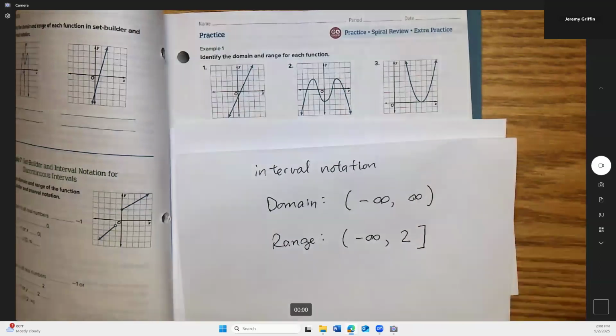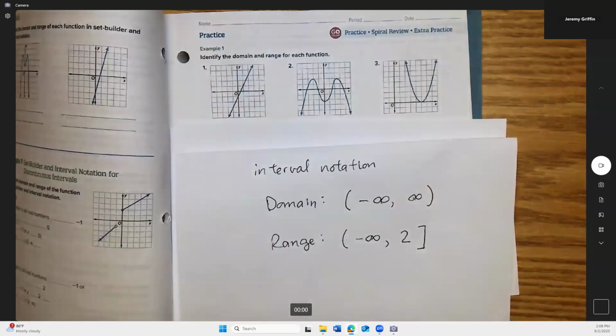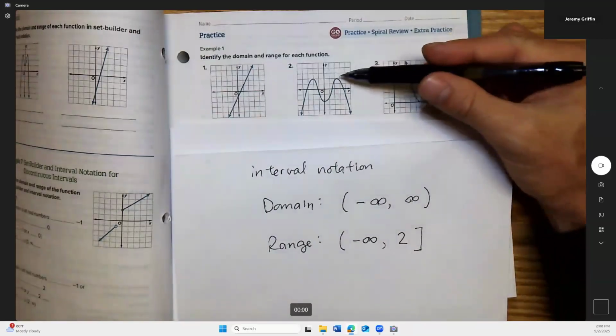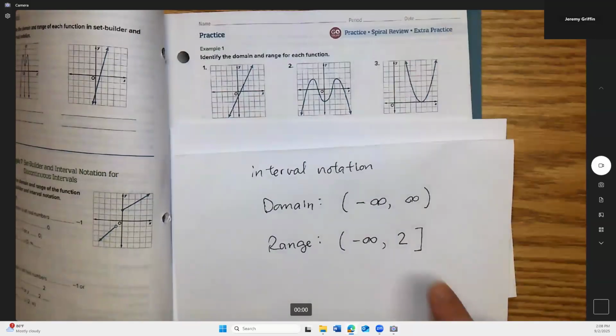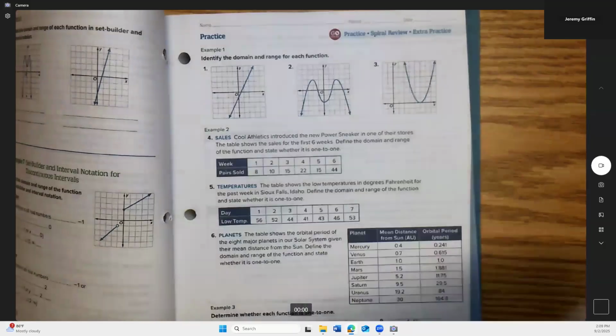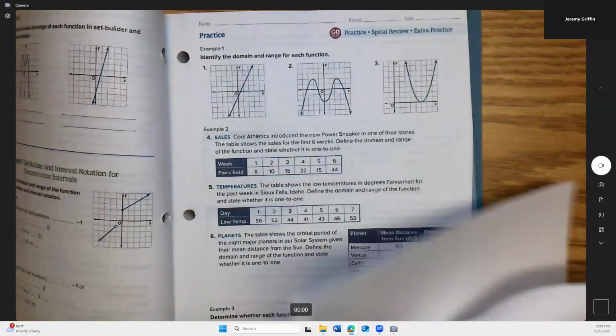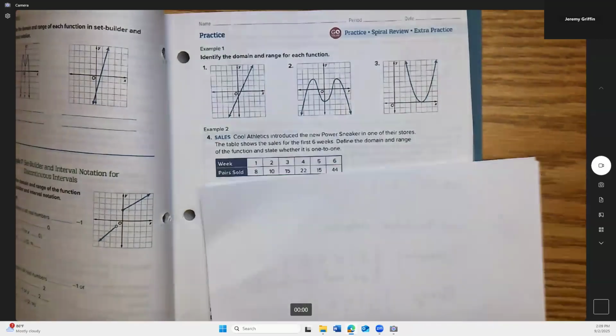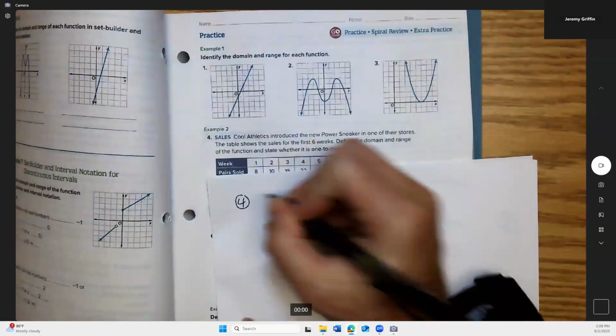Yeah, you need that square-looking bracket. Because if you had the parenthesis, you'd be saying that you're not allowed to include 2, but no, this graph goes all the way to 2. Yeah, y can be 2. So close bracket. There you go. That's the range.